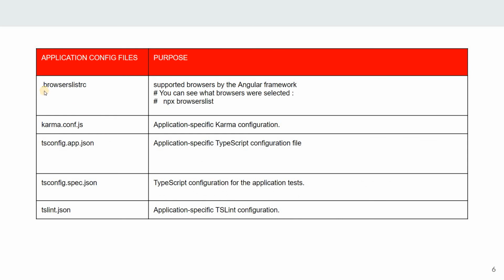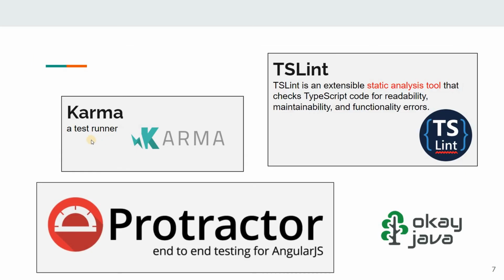Alright, and we discussed browserslist and karma config, which is again a test case runner. tsconfig is the TypeScript configuration file. tslint is a static code analyzer which verifies and validates your code. So karma is a test runner, tslint is a static code analyzer, and we have something called Protractor, which is the end-to-end testing framework for Angular.